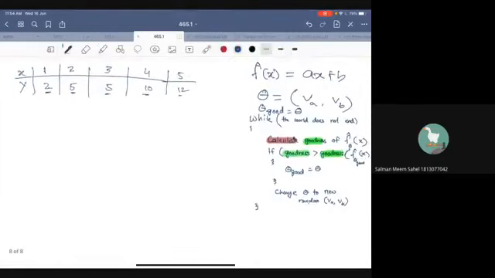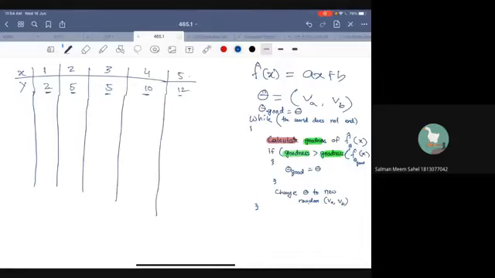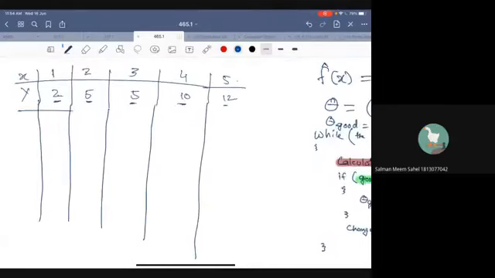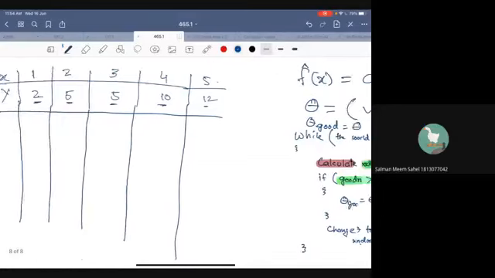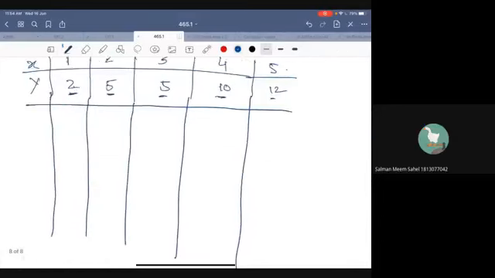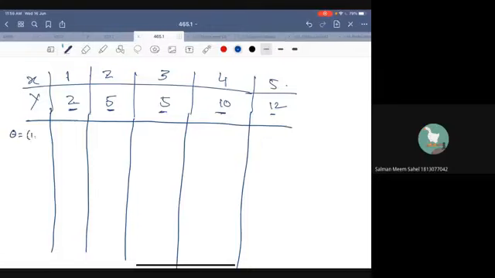So I have y now. Because I said that we're going to initialize theta with VA and VB, which are random values, let's initialize theta to be, let's say, 1, 1. 1, 1 is going to give me the form f hat of x is equal to what?